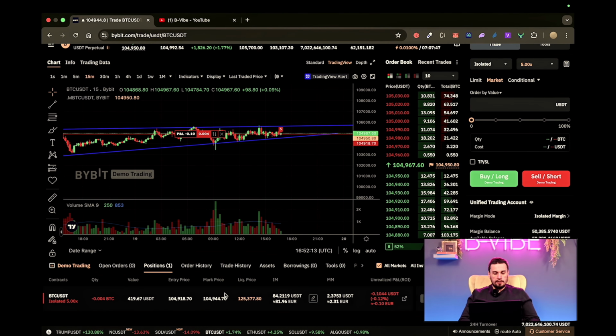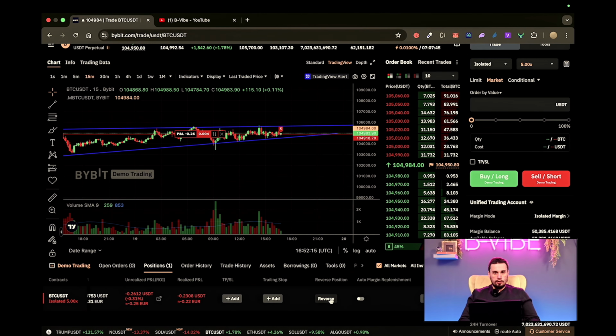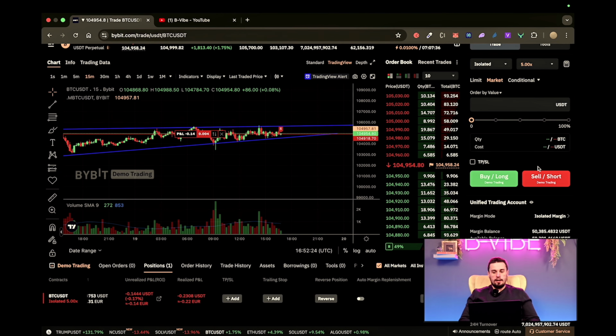Then you have the possibility through one click to switch from a long trade to a short trade without doing 5 different things. Otherwise you have to first close the order, then make a new order with the same value going in the opposite direction, and so on and so forth.